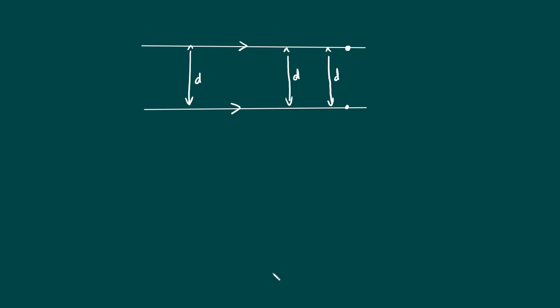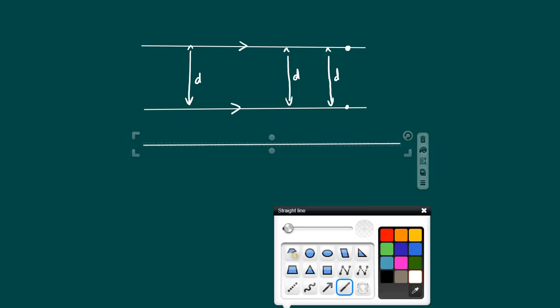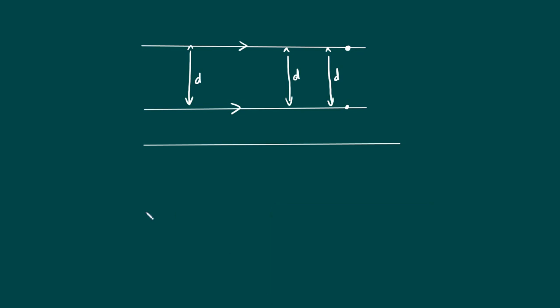And why is it important to know the definition? Let's draw two parallel lines. I'm not sure I'm going to be able to draw them exactly parallel. Okay, it's fine. So these are the two parallel lines that we have. Now, since these are parallel lines, I'm going to put some triangles in there.